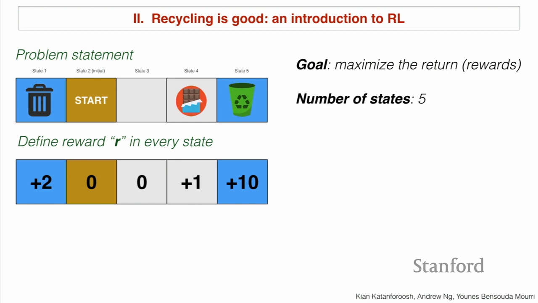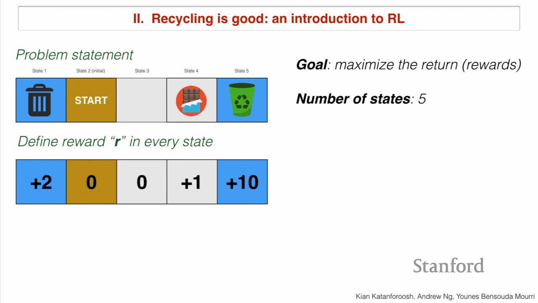Now what's the game? The game has 5 states. State 1 is a trash can and has a reward of +2. State 2 is a starting state, initial state. And we assume that we would start in the initial state with a plastic bottle in our hand. The goal would be to throw this plastic bottle in a can. If it's the trash can, we get +2.